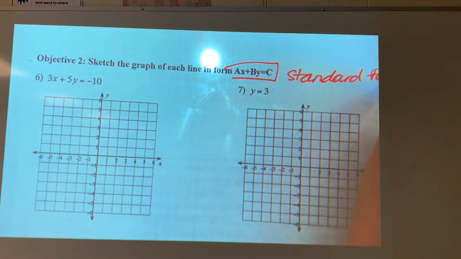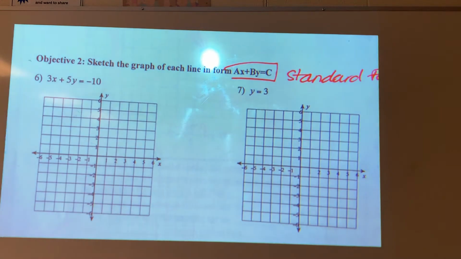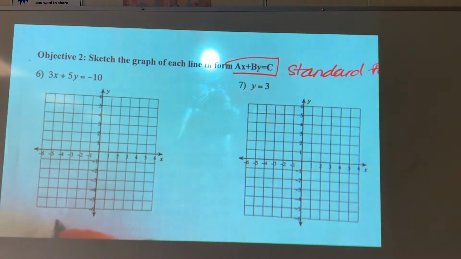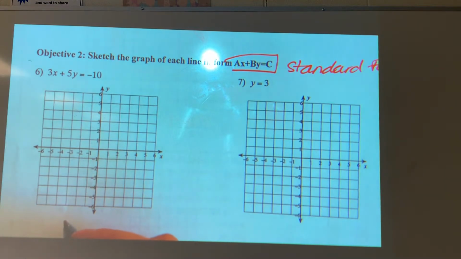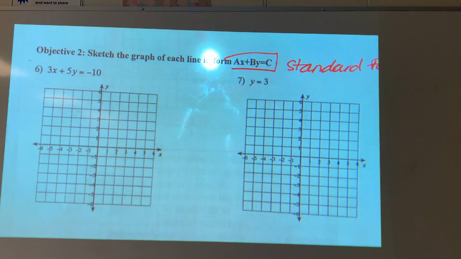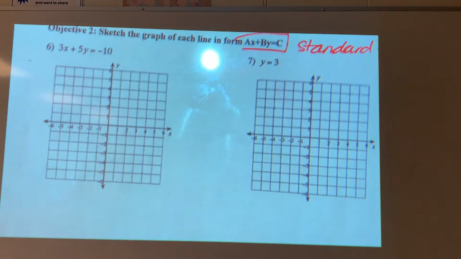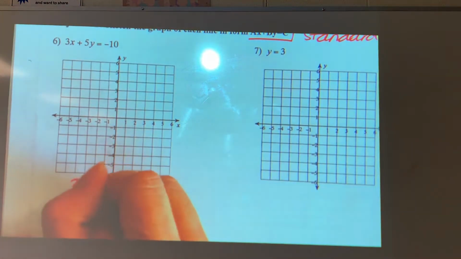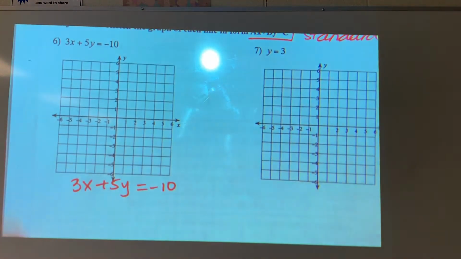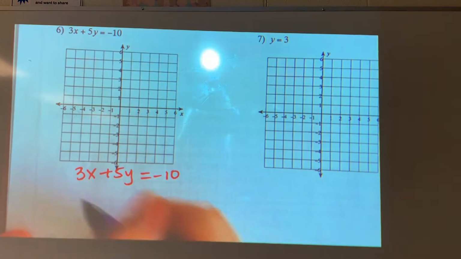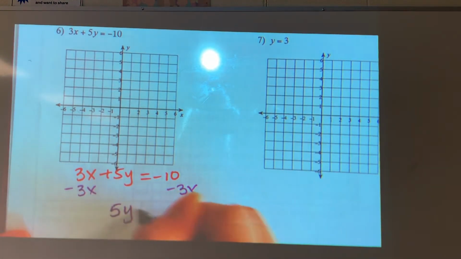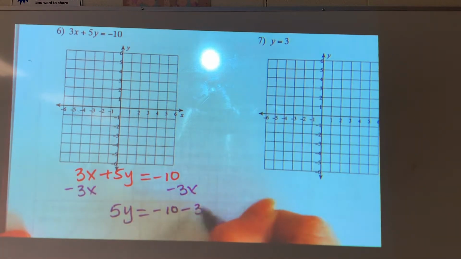That means you don't know your slope, you don't know your y-intercept, we just have these 2 numbers. So one way to do this is we're going to solve for y, so that way we can know what the slope and the y-intercept are. So 3x + 5y = -10. To solve this, subtract 3x: 5y = -10 - 3x.